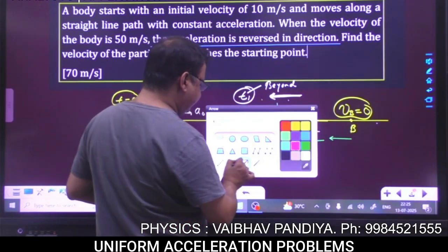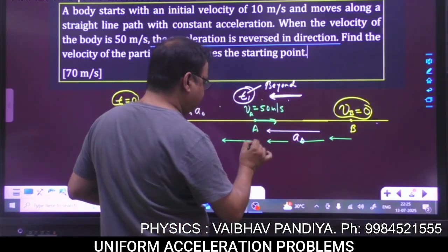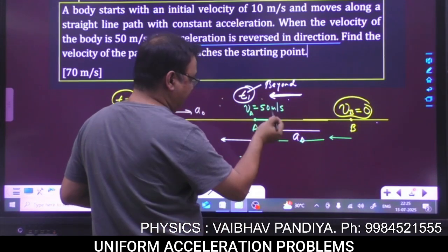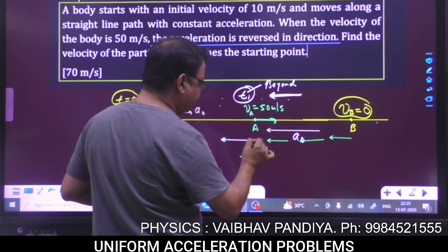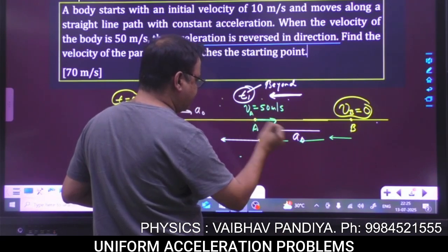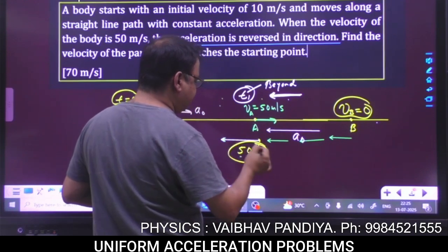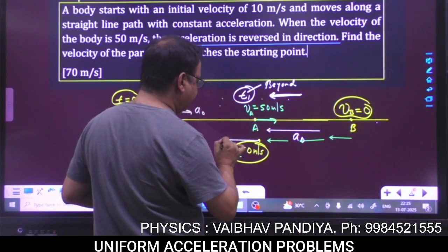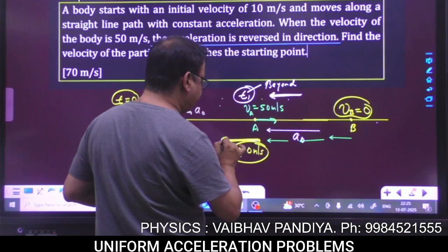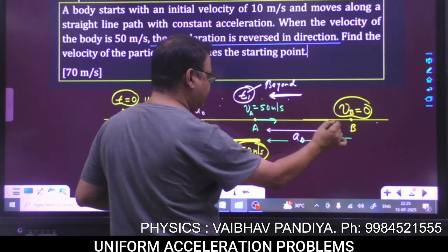So when the particle is coming back to the point A, it will have how much velocity at A? Magnitude will be the same, 50 meter per second, and the direction of velocity will be opposite. So can we say the velocity will be 50 meter per second towards the left side, as it is moving with the same acceleration from A to B and from B to A.